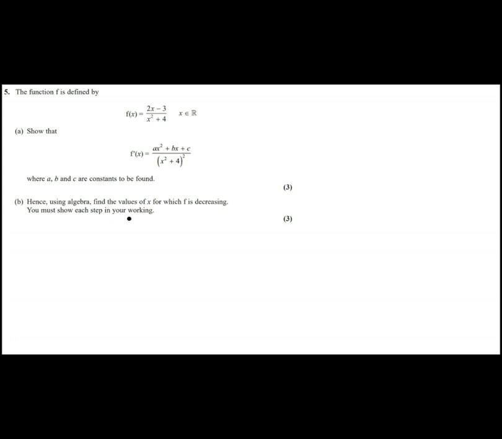Okay, so looking at this question, it looks like we have to use the quotient rule. Just a quick brief of what the quotient rule is.